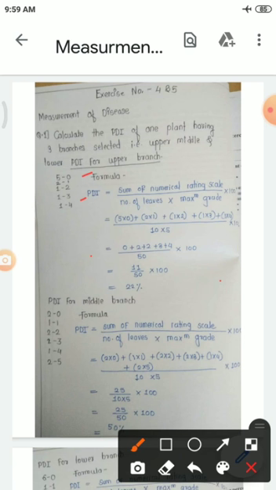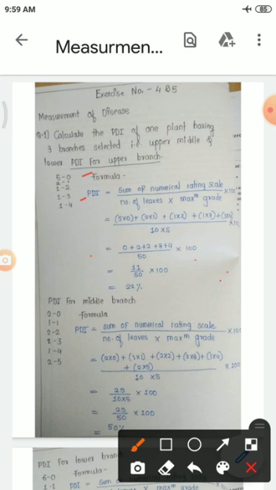In that formula, the maximum grade is already given, and the numerical rating scale depends on which scale is used for assessment of the plant disease; that scale is also given. Let us see one example, then it is better for understanding.